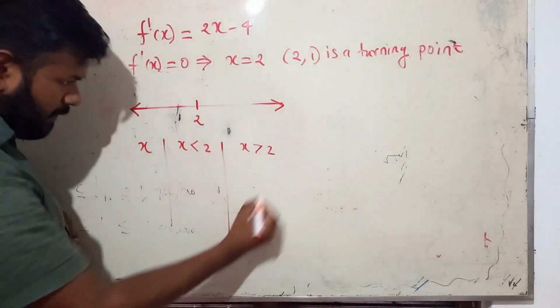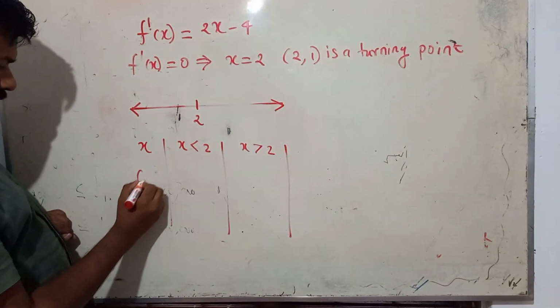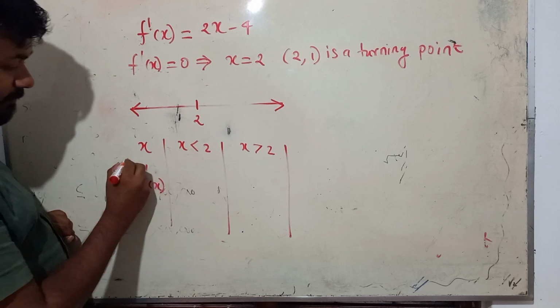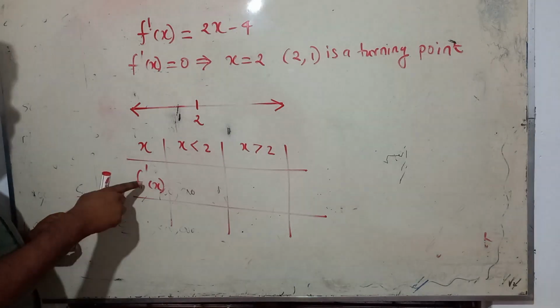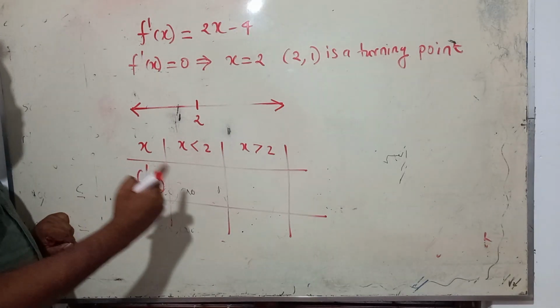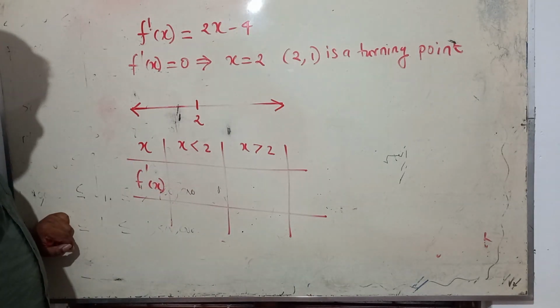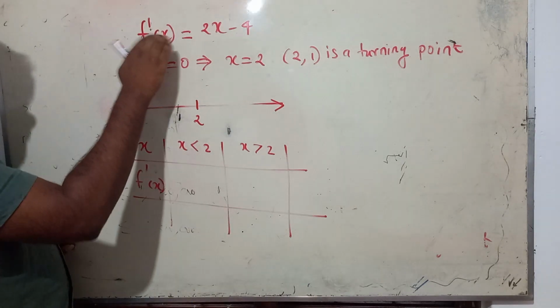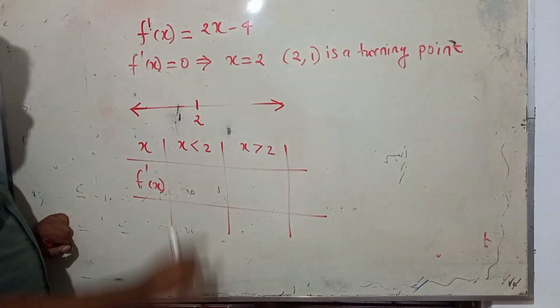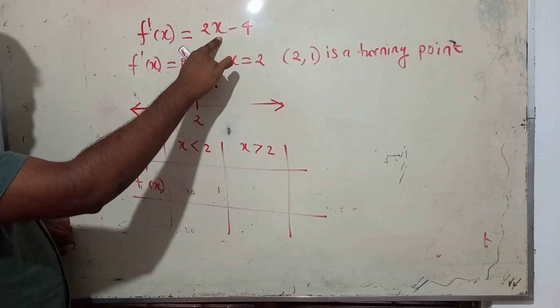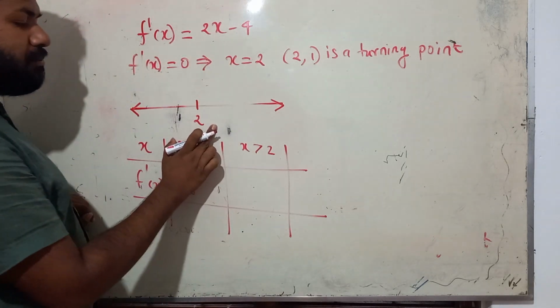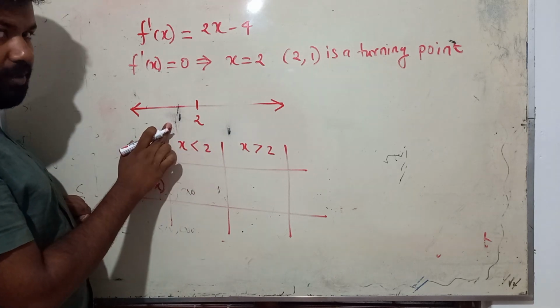Here we have to check the sign of the first derivative of f(x), whether f dash x is positive or negative. You know the expression for f dash x. So you have to take a number which is smaller than 2 and substitute it here. Let's say 1.